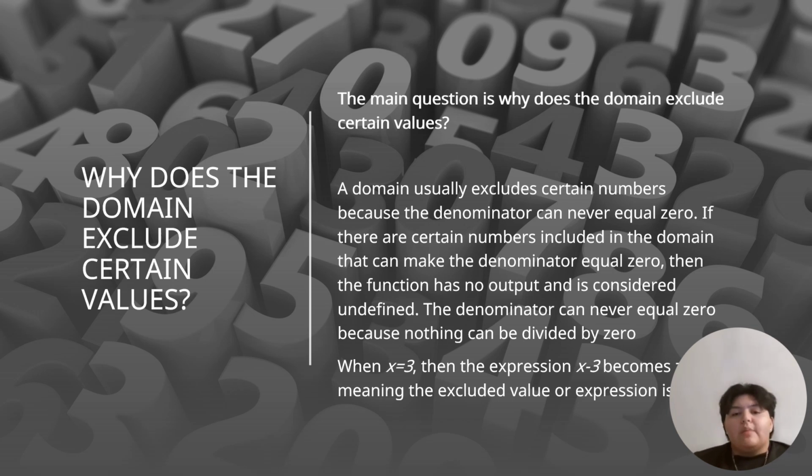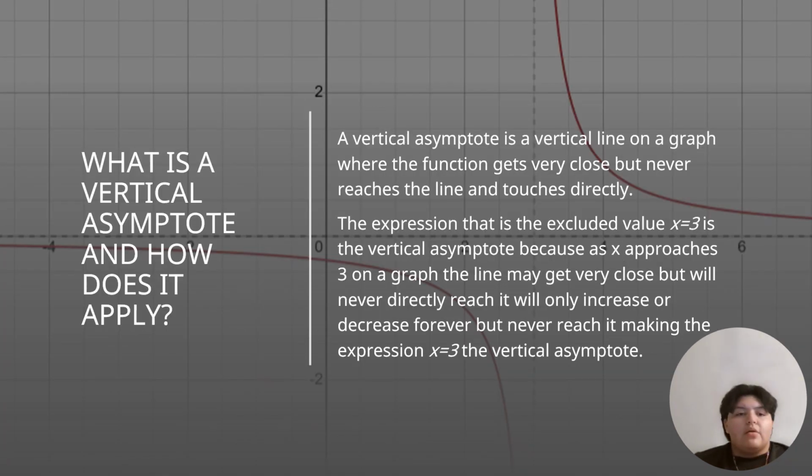With that, we want to make sure that the domain includes all real numbers except for 3, so that we can keep this function properly defined. That's why we're excluding x equals 3 from the domain.